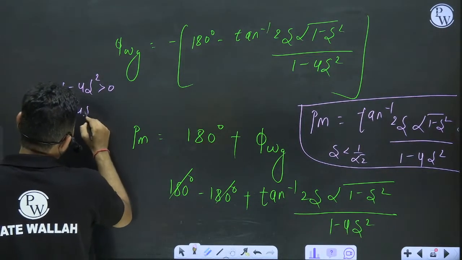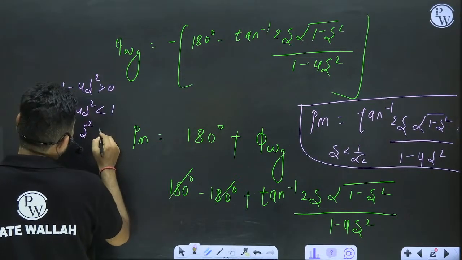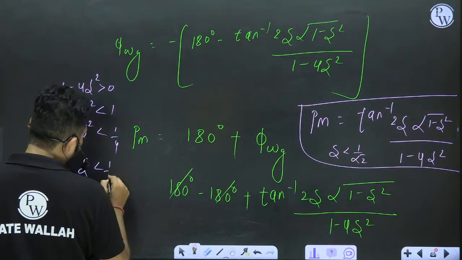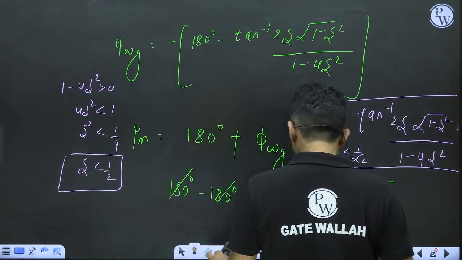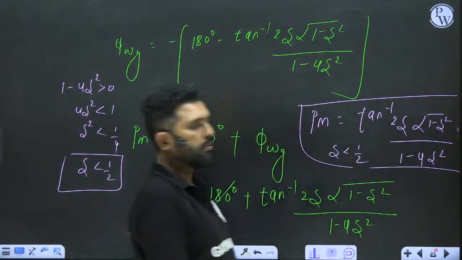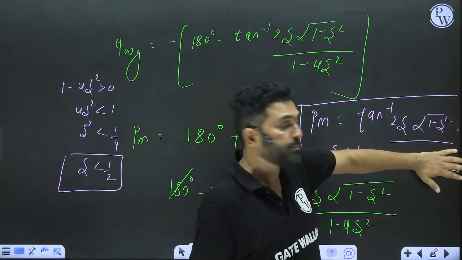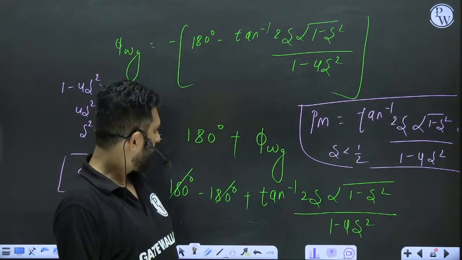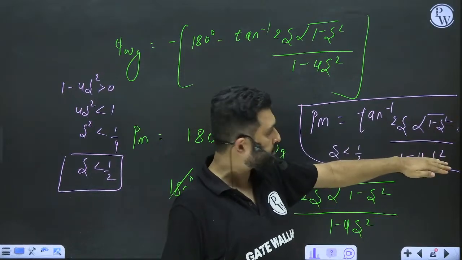Means 4 zeta square has to be less than 1, or zeta square less than 1 by 4, or zeta less than 1 by 2. This is the case, not root 2, 1 by 2. Because in that case this would be positive. I want this positive, because the negative case I already have taken 180 degree of that. If zeta is less than 0.5, then this term is also positive.